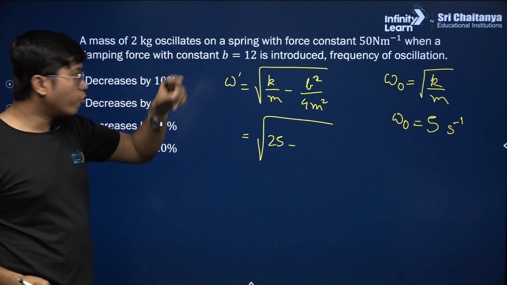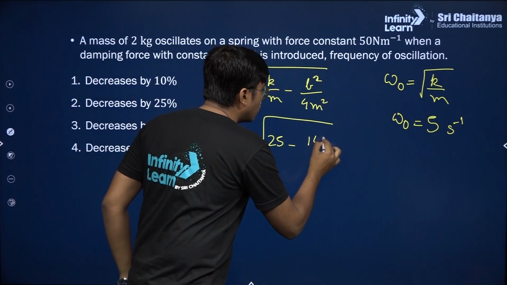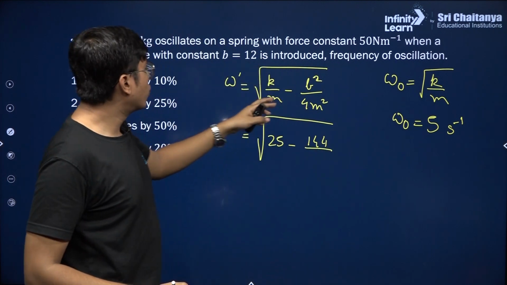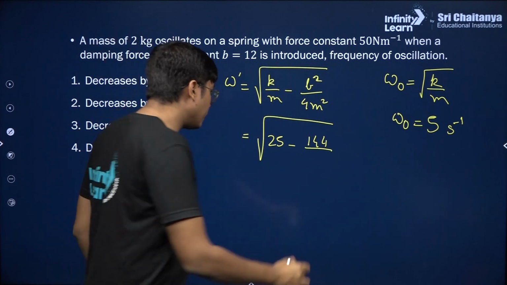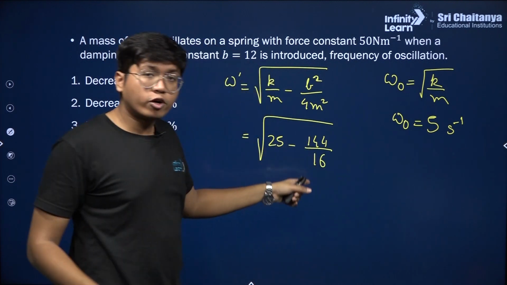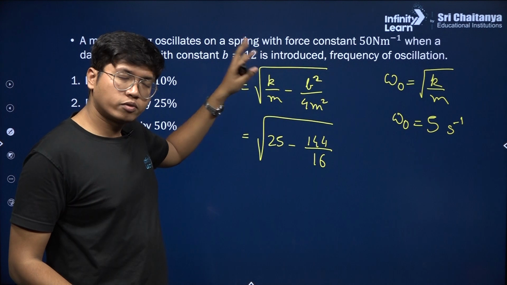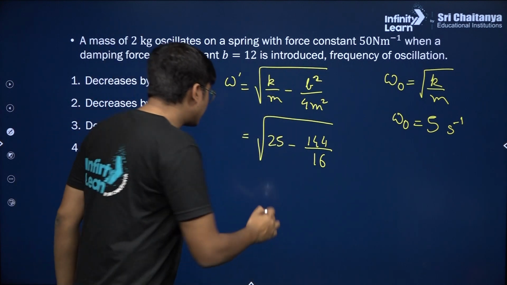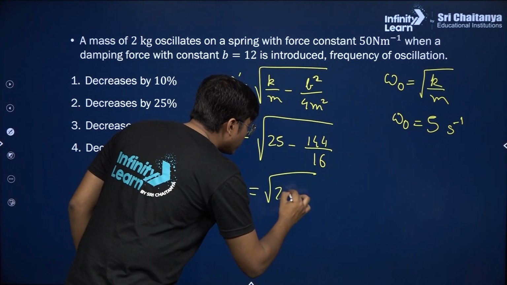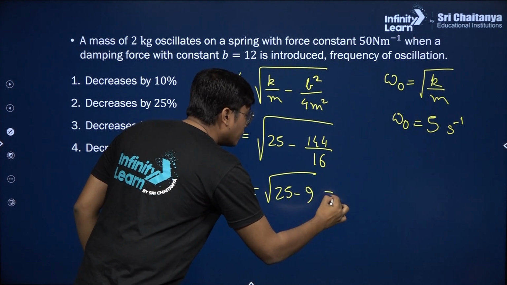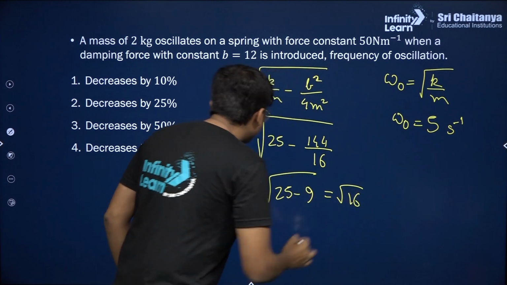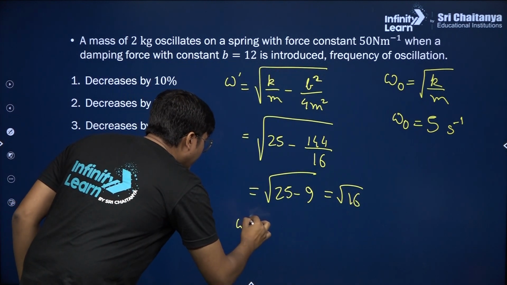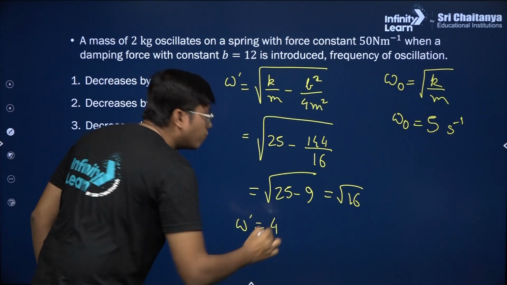So, b square would be 144, divided by 4m square, m is 2. So, 4 into 2 square, that is 4 into 4, that is 16. 144 by 16 is 9. So, we have 25 minus 9, that is just root over of 16, which means your omega dash is equal to 4.